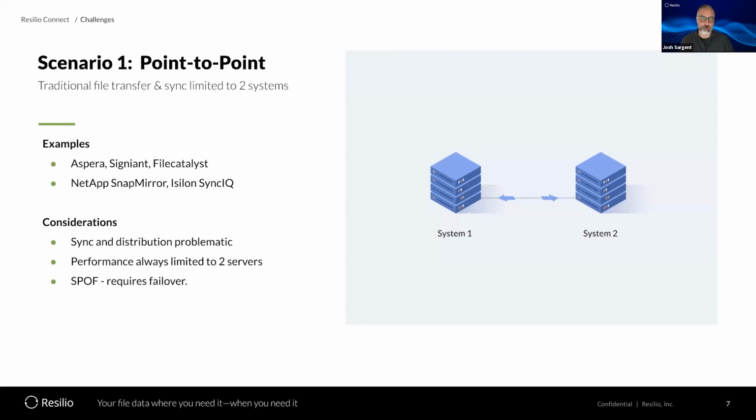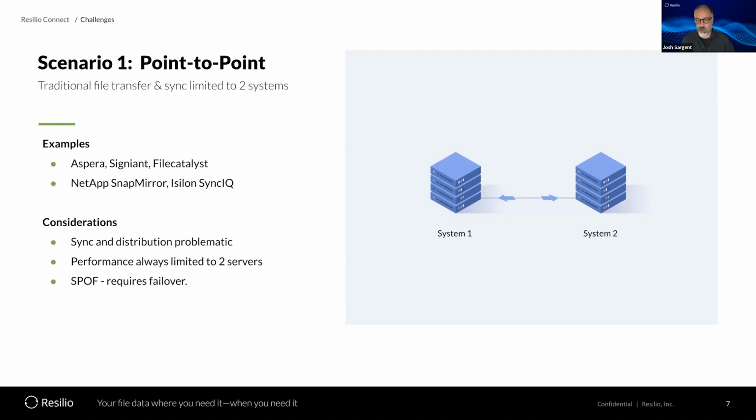Maybe they want to sync to cloud, but they want 2 copies of the data for whatever reason, whether it's remote collaboration between 2 offices or 2 branches. Maybe it's disaster recovery. Whatever it is, point-to-point replication is a very common thing. Most people have it in some form, whether it's storage-based replication or cloud replication, something like this.